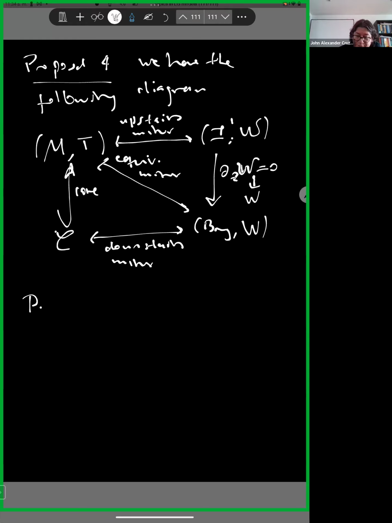Finally, I want to write the last proposal. So what do we need for the Aganagi theorem?